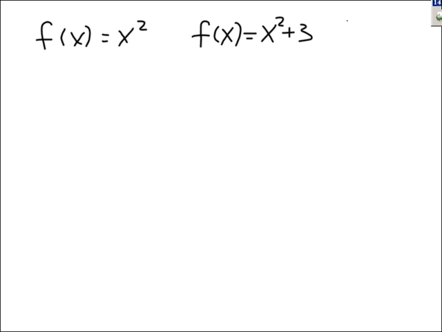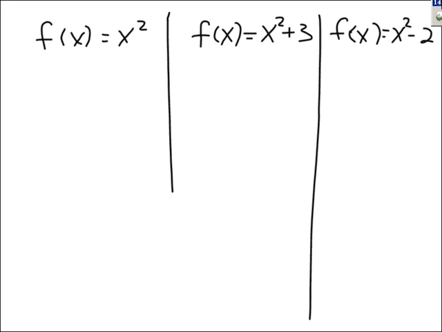Okay, let's look at vertical shifts. Suppose you have f of x equals x squared, f of x equals x squared plus 3, and f of x equals x squared minus 2.